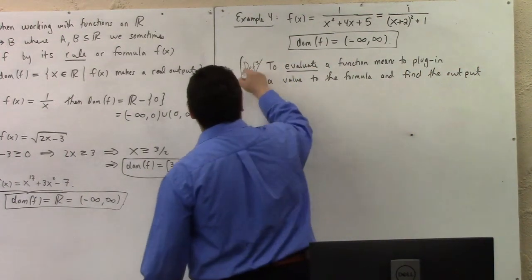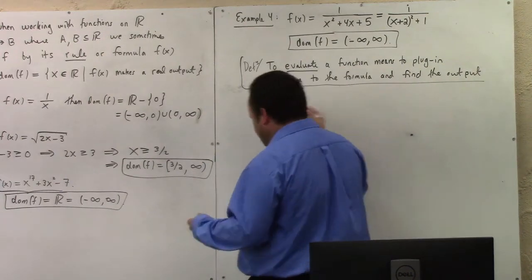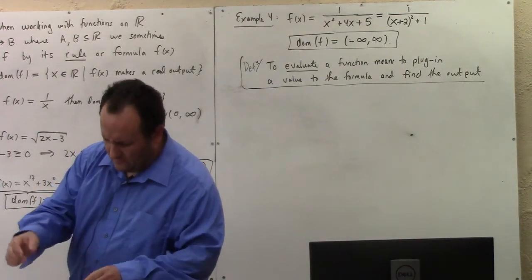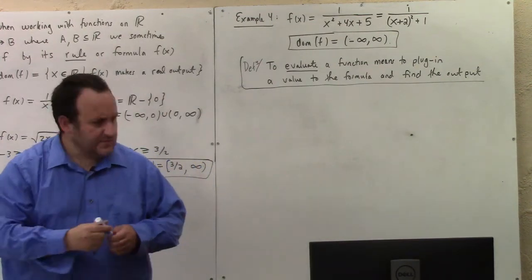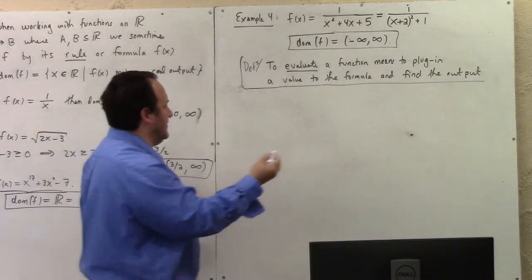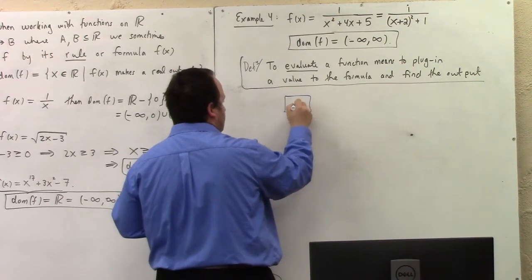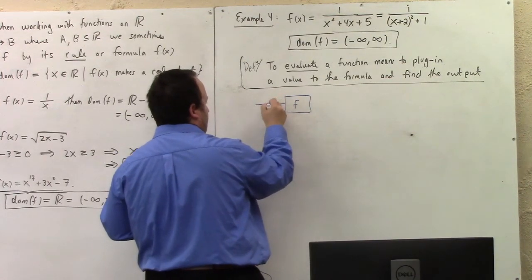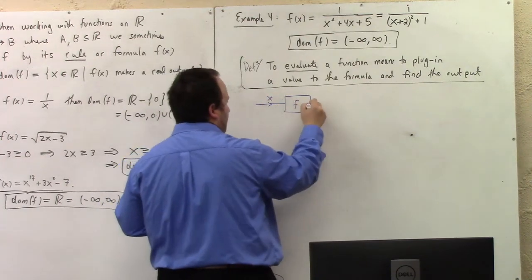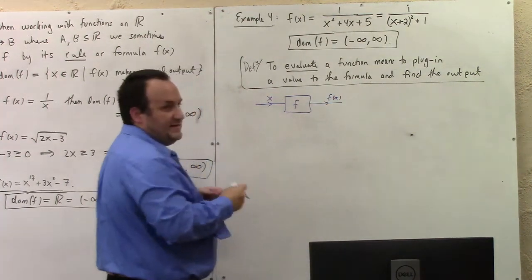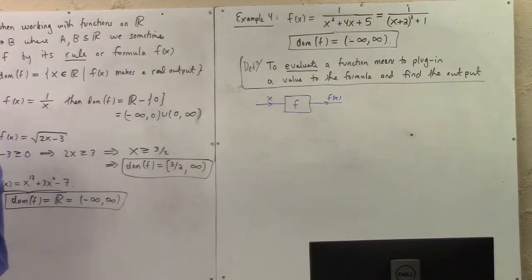So there's another picture that we like to use to describe how the function works. You can think about the function as sort of a machine, right? And you put x into the machine, and you get f of x out, right? A single thing. A function takes an input, it gives you an output.